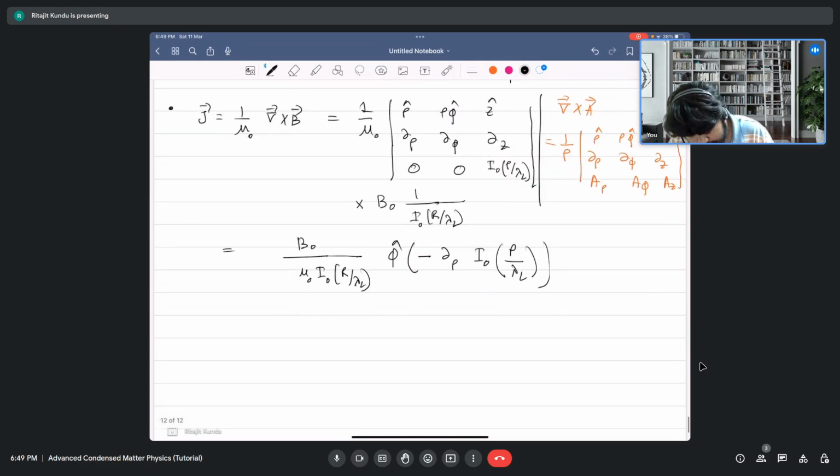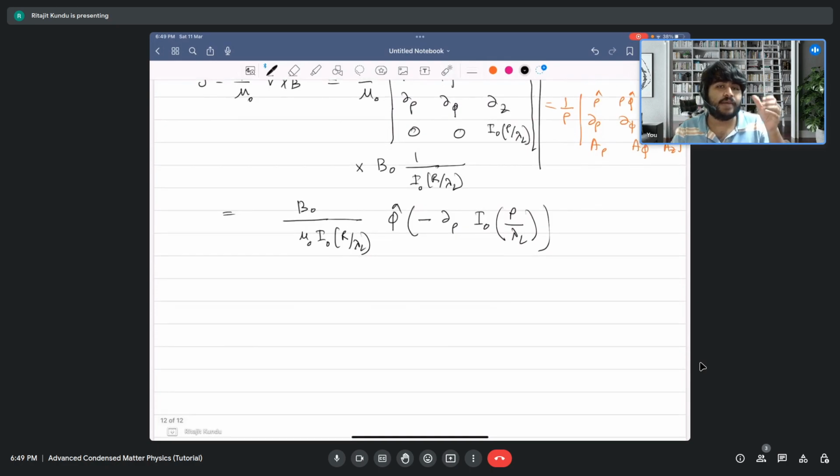You see that the direction is in the phi cap, so we will have some azimuthal kind of current.